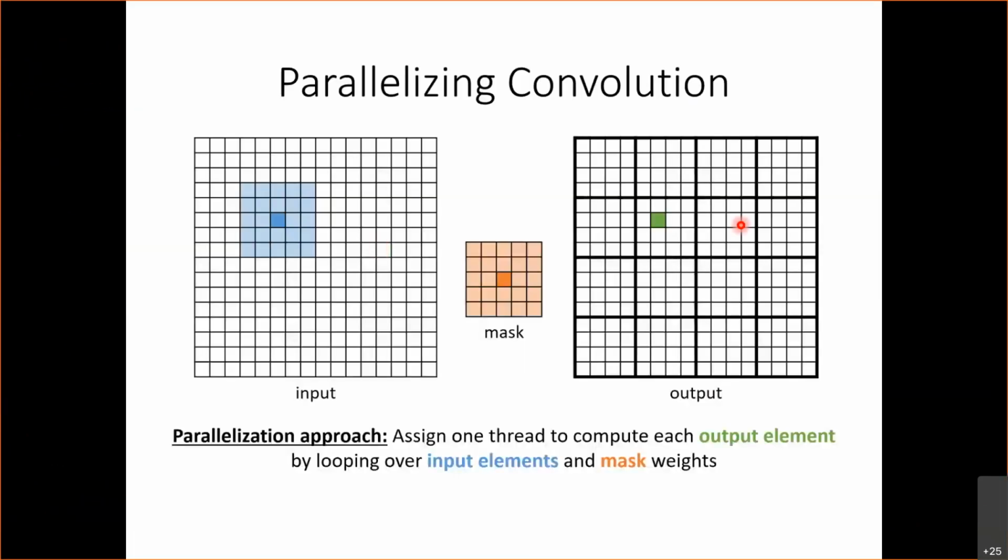Sorry, I was referring to the column. So it could be the case that this element is all the way down here. So I need to make sure that my n row is less than the height. That's what I'm doing here.